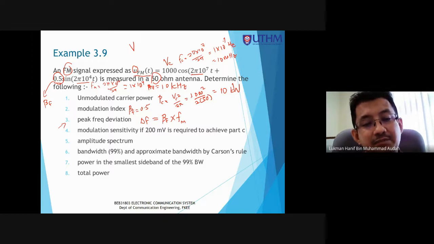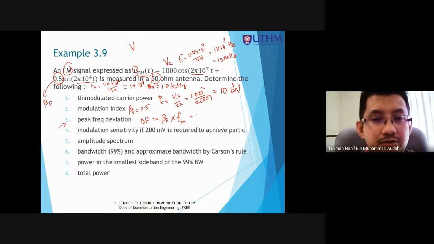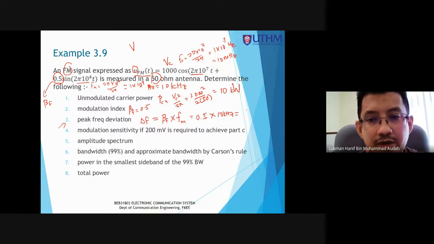The equation for delta F is in the previous slide, you can refer to it. So this is equal to 0.5 multiplied with 10 kilohertz, so you get 5 kilohertz.